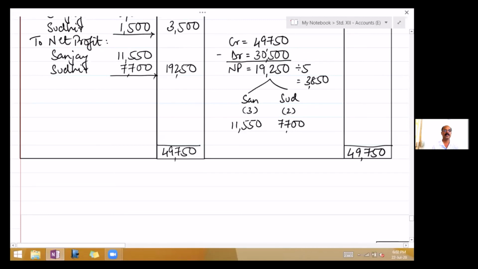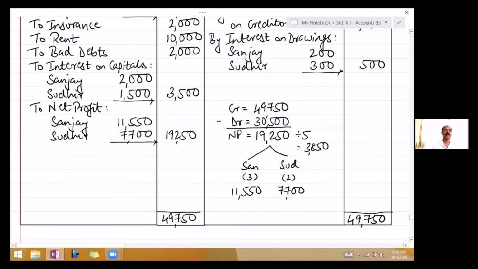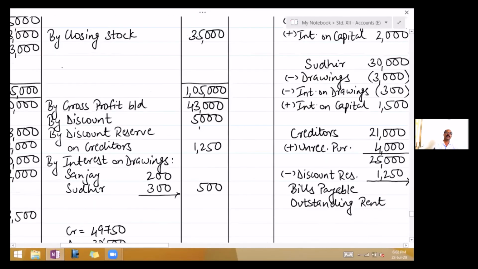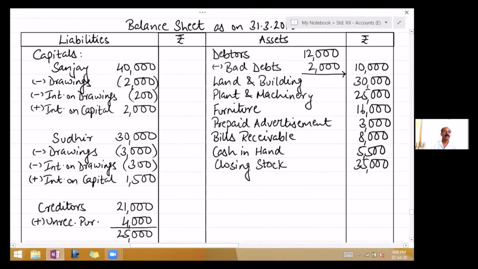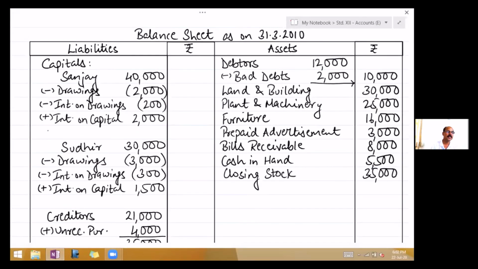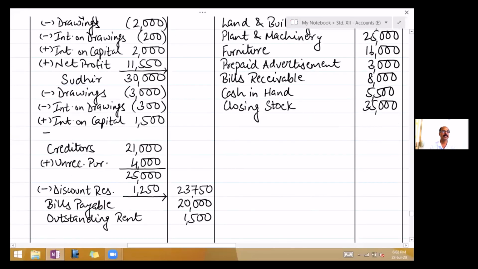On the next page, add the profit to capital, 11,550 and 7,700. So Sanjay plus net profit 11,550, and for Sudhir plus net profit 7,700.